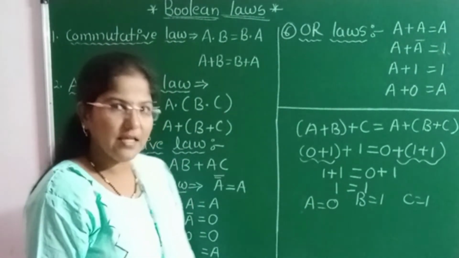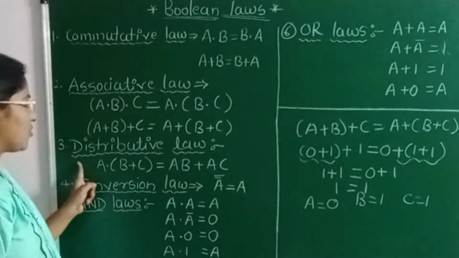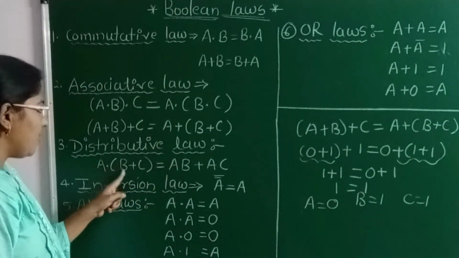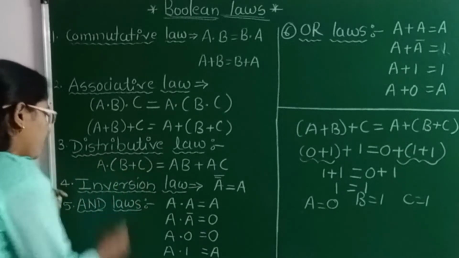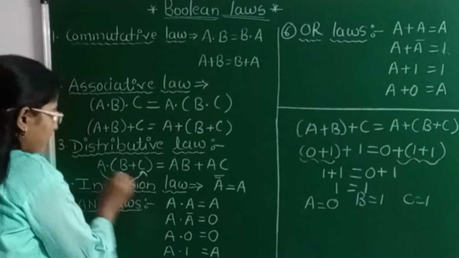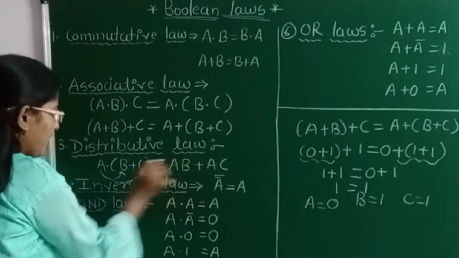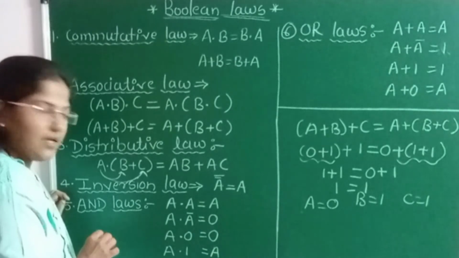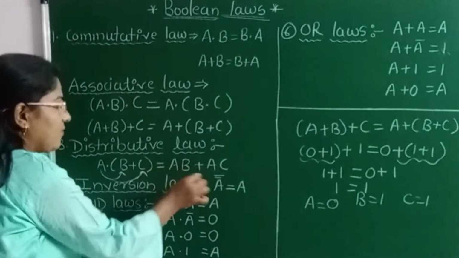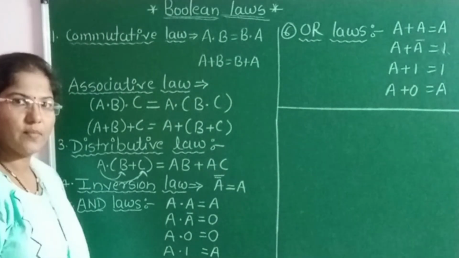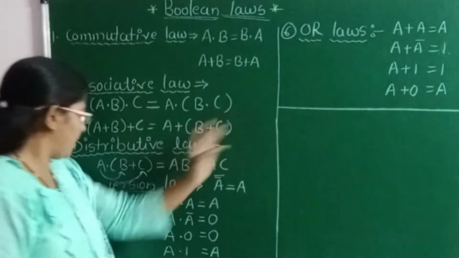Now we will see the next law, that is the distributive law. The distributive law is A into B plus C, equal to A into B plus A into C. So now we will see how to prove it with the help of the values of A, B and C. I will write this distributive law here.